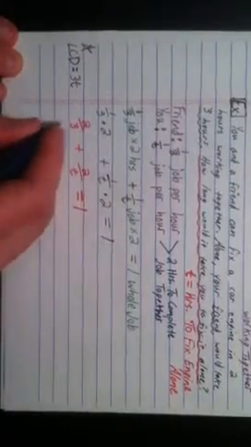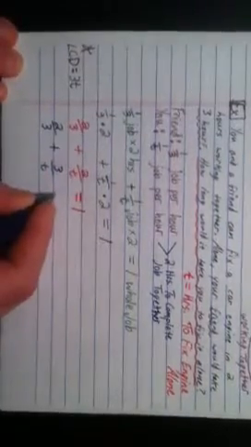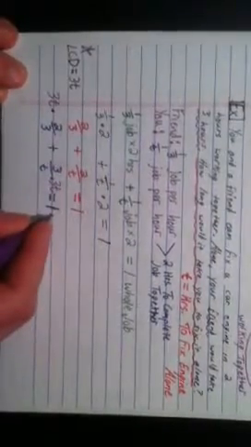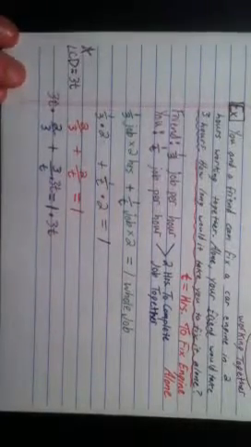So I'm going to rewrite the original problem, 2/3 plus 3 over t equals 1. We need to multiply that first fraction times 3t. We need to multiply our second fraction times 3t. And then on the right hand side of the equation we also have to multiply by 3t.